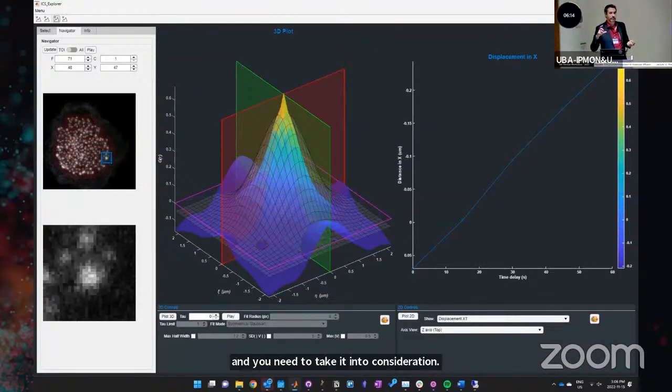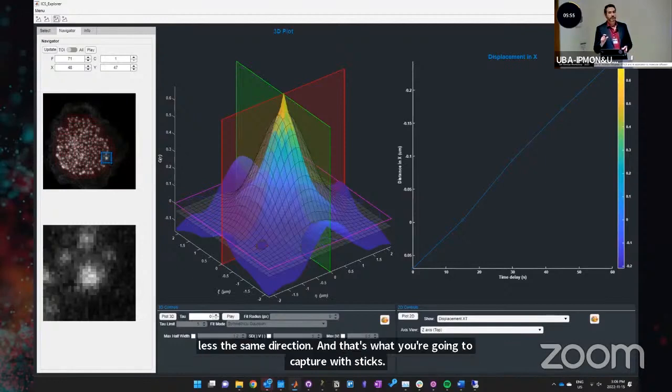The size of your region of interest has to be such that everything moving in that region is moving at the same rate during the whole 5 frames that you're choosing, for example, and all moving in the same or more or less the same direction. That's what you're going to capture with STICS, which is why you have to tune the region of interest size very well.